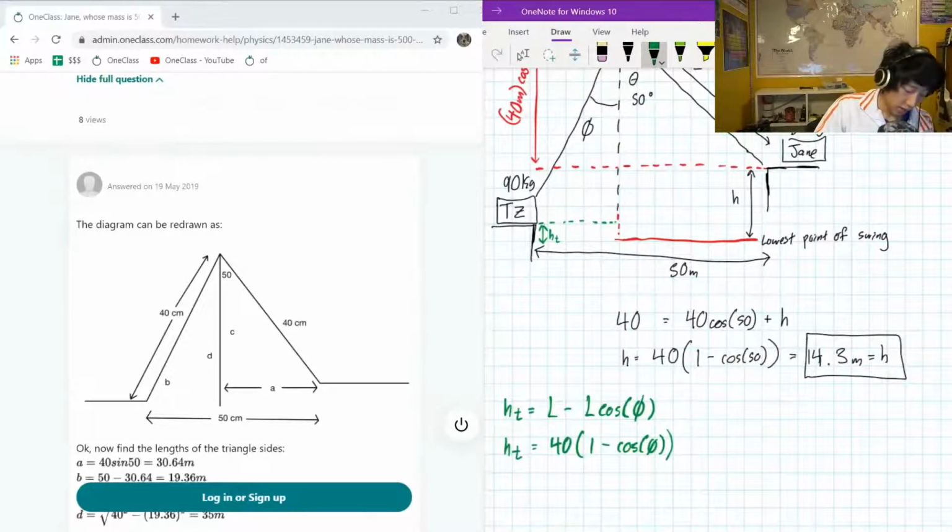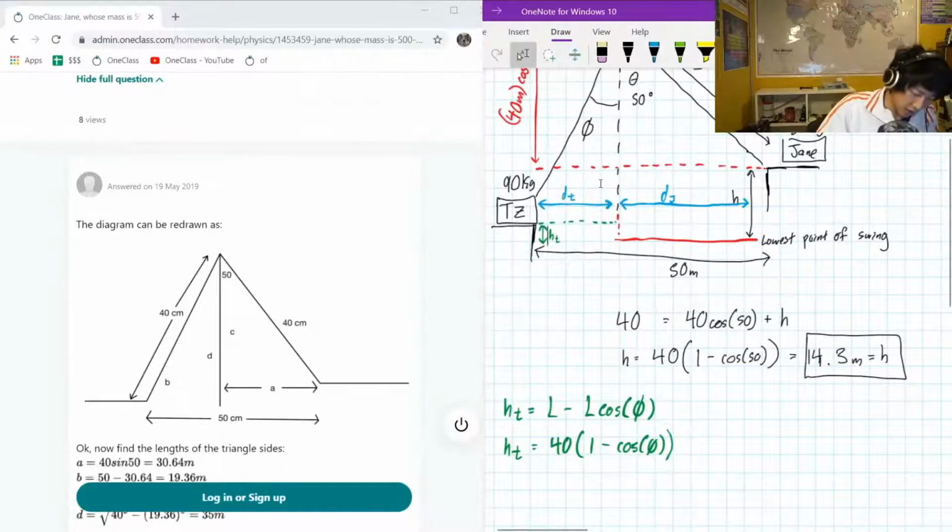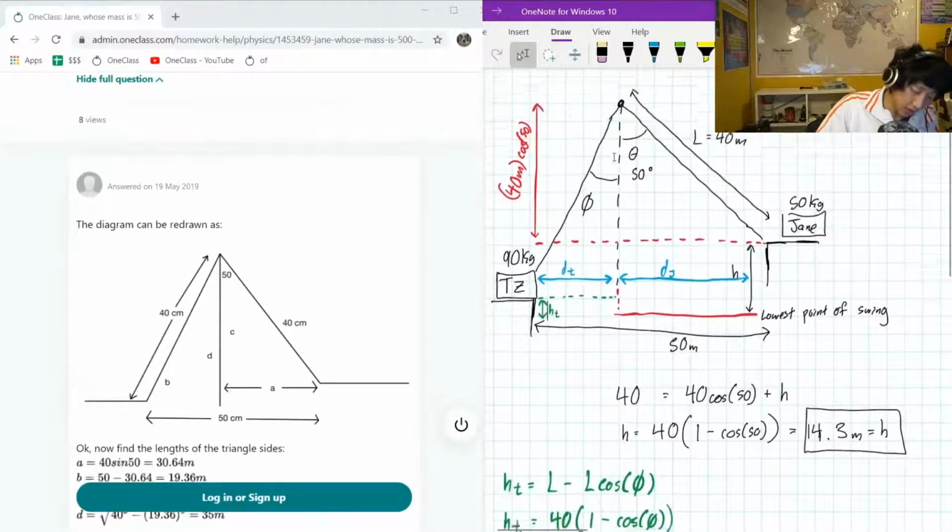Okay, now for these distances, maybe I'll do a different color, perhaps blue. So let's call this dj for the distance between Jane and the lowest point. And here we're going to have dt for Tarzan's distance. Those are just going to be trigonometry as well, except we're going to use sine instead.